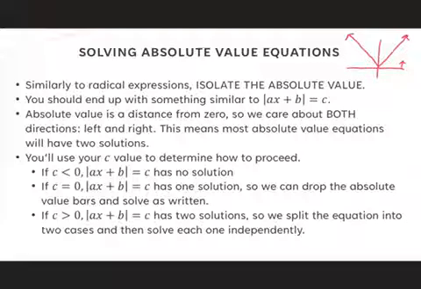Now, the other thing to remember is that absolute value bars are not parentheses. So I can't treat them like parentheses. I can't multiply them into, okay, so don't distribute into an absolute value bars, and don't factor out.